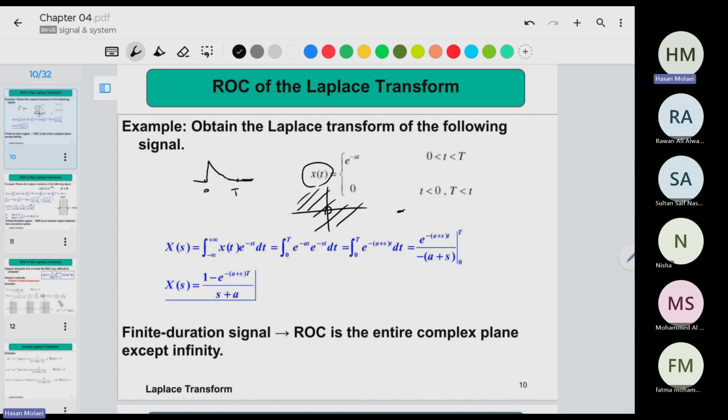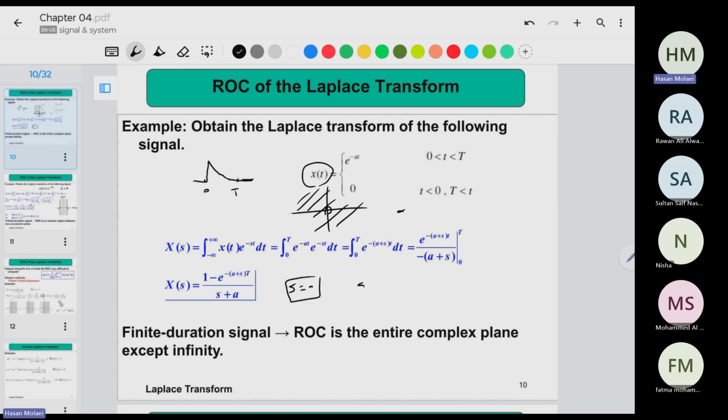Here, how about s equals 0? Is it a part of the ROC or not? It is. If I replace s with 0, you can see this is 1 over a.